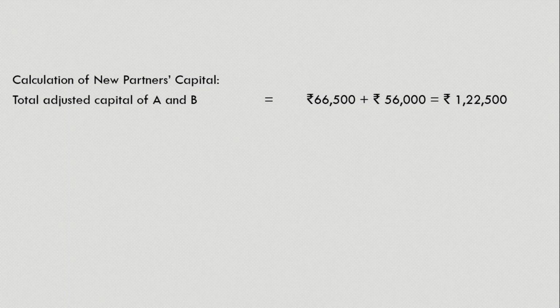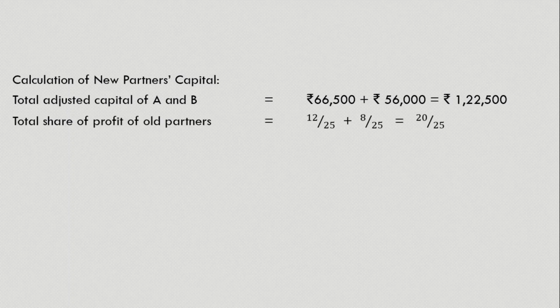Now calculate the old partners' share on the basis of the new profit sharing ratio. The new profit sharing ratio is 12 is to 8 is to 5. So for A, 12 upon 25. For B, 8 upon 25. C's we will not take because we are taking only old partners. It comes to 20 by 25.